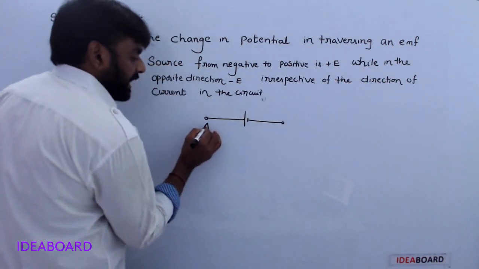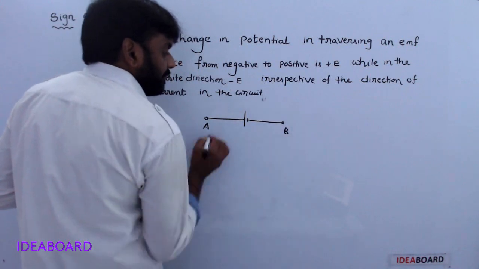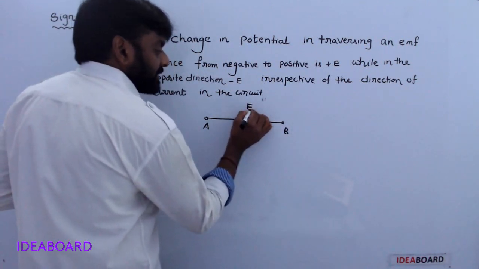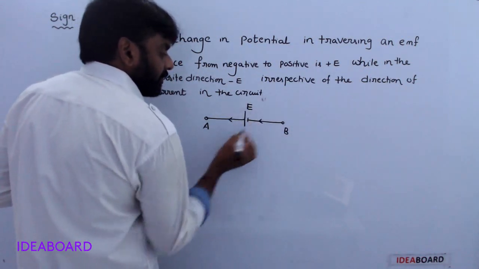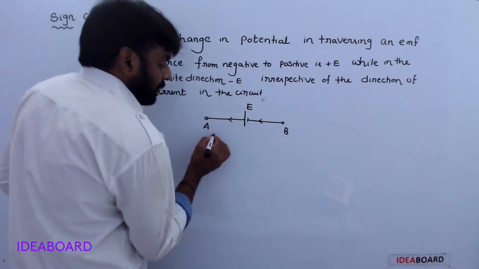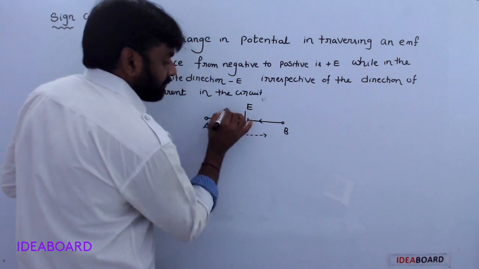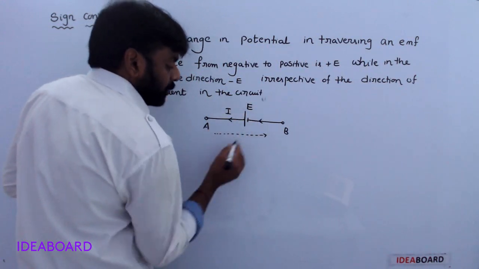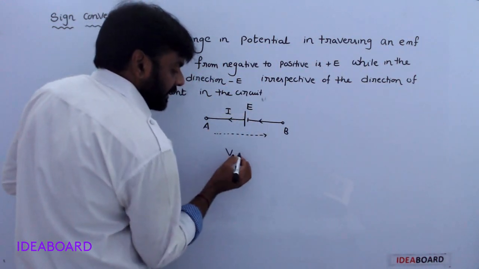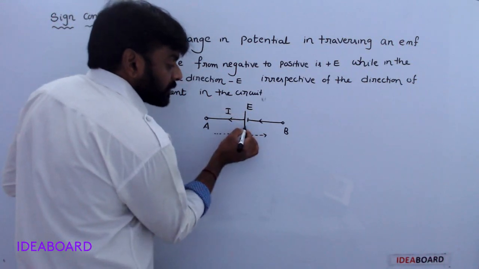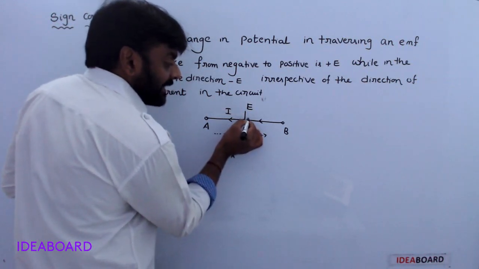Okay. Battery terminals A and B. Battery EMF is E. Now you are going from A to B. A to B means VA, now from positive to negative, ending with negative.